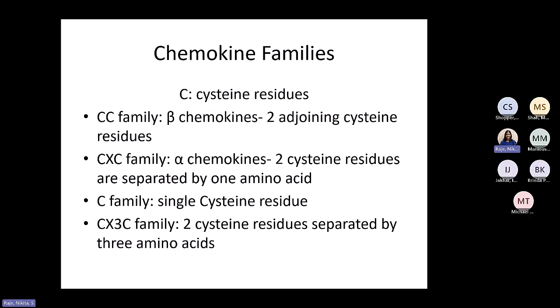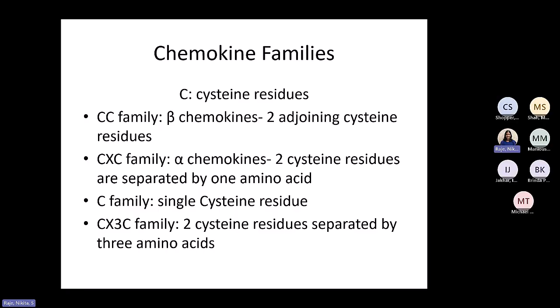There are various families of chemokines, dependent on their structure. Their structure includes cysteine residues that are denoted by a letter C, and various families of chemokines are named after the number of cysteine residues and intervening amino acids.